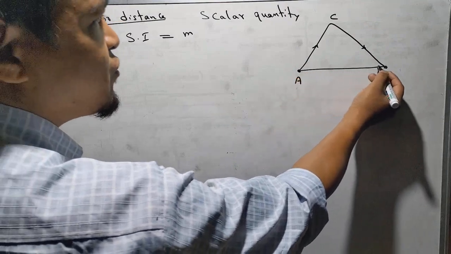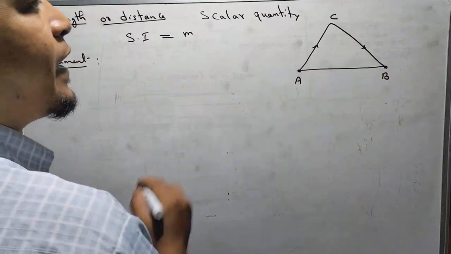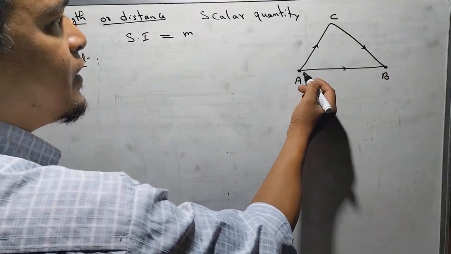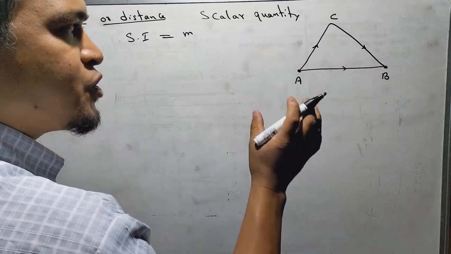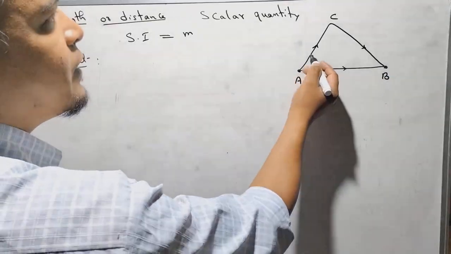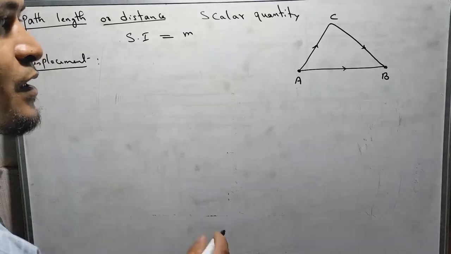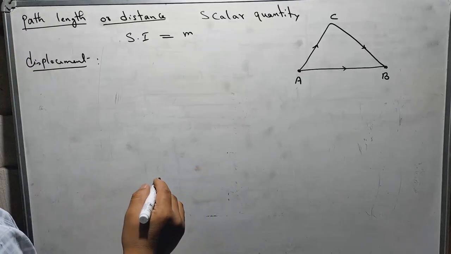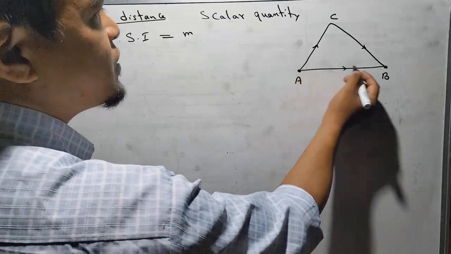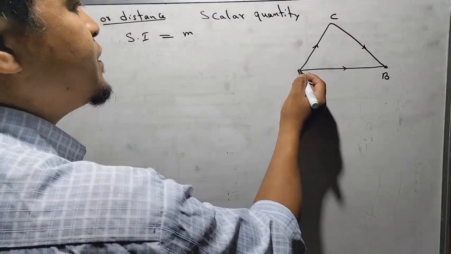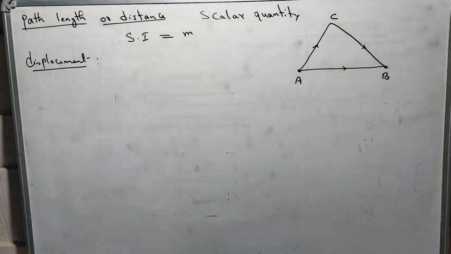And if he moves straight, then what happens to the length? The length AB will be smaller than the length ACB, isn't it? So I can now define displacement as the shortest distance between the initial point and the final point.